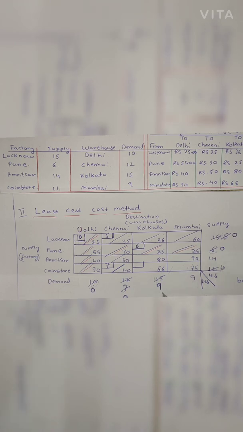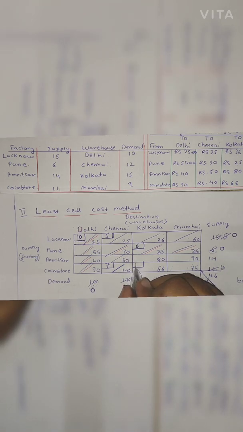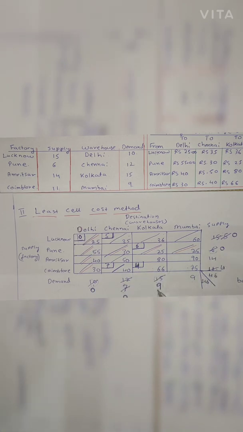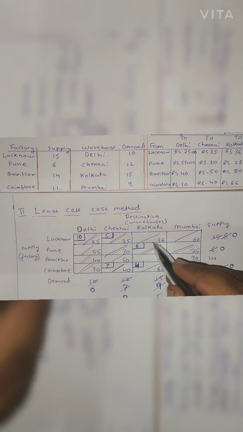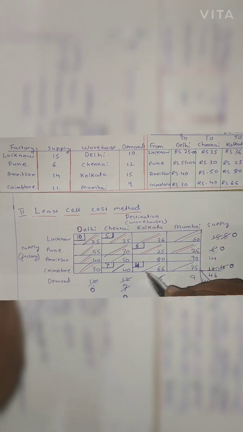Which is lower, 4 or 9? The lower is 4. So we'll write this 4 over here. Then we'll subtract this 4 from supply and demand. 4 minus 4 you get 0, and 9 minus 4 you get 5. Since this row has become 0, we'll eliminate this row. Then I'll mark in red whichever we eliminated.